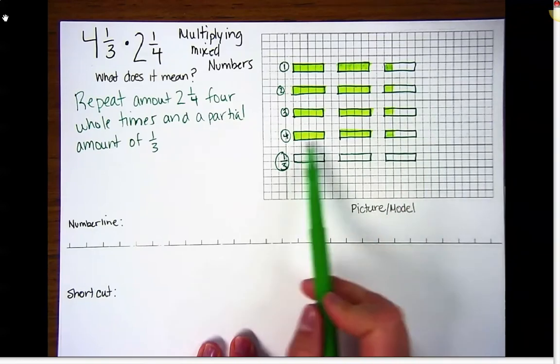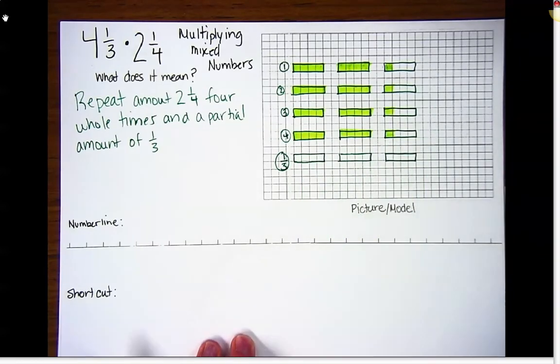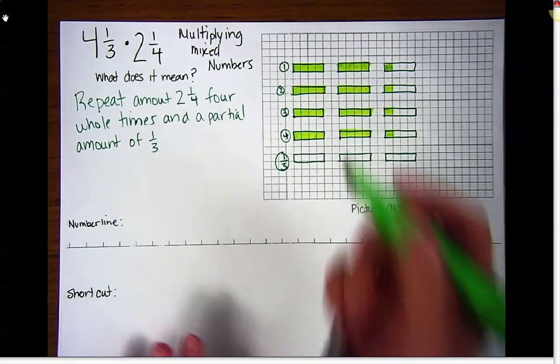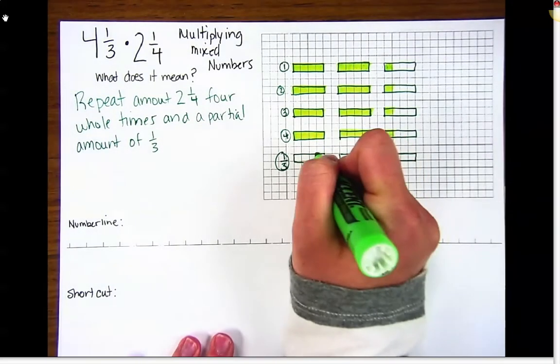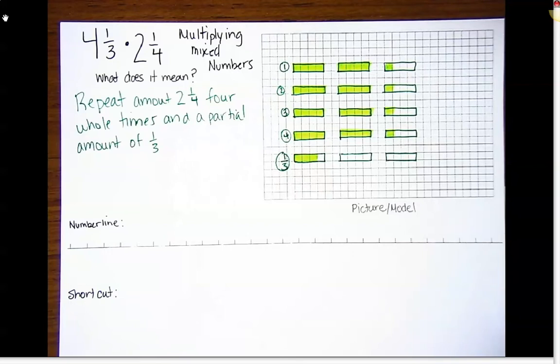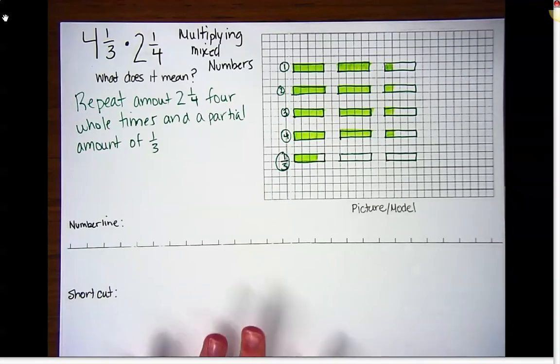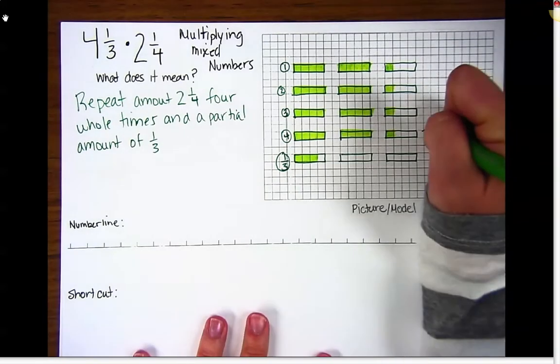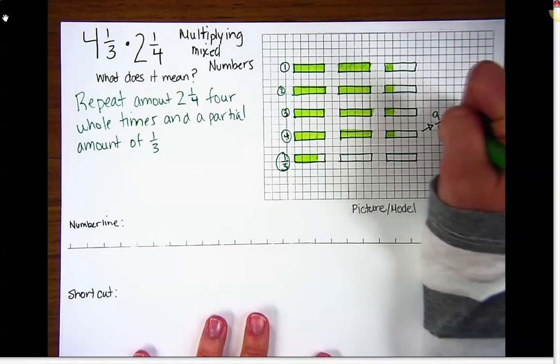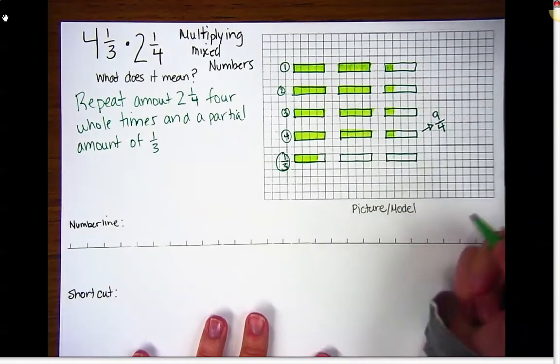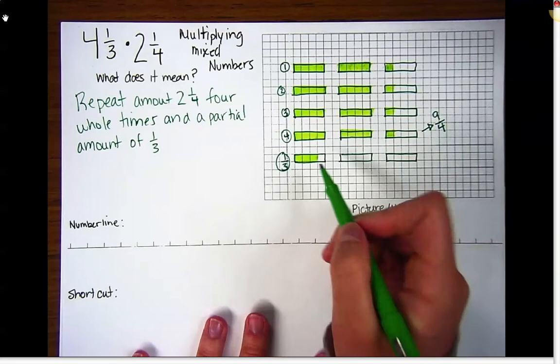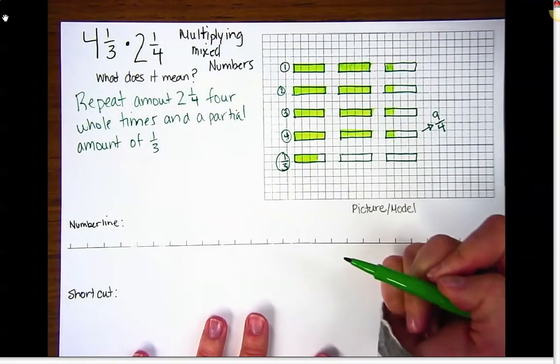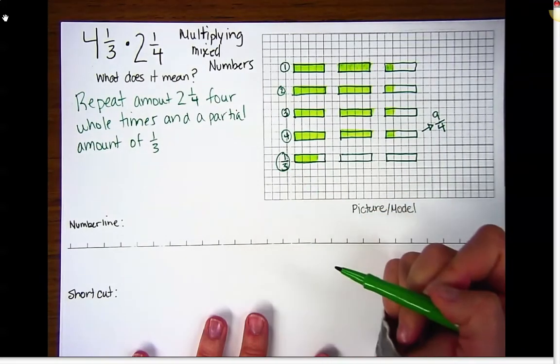We're finding 1/3 of only our shaded amount. And 1/3 of our shaded amount turned out to be 3 boxes. Each of these were 9/4. And 1/3 of 9 is 3. So 3/4 is going to be what we're going to shade in here.